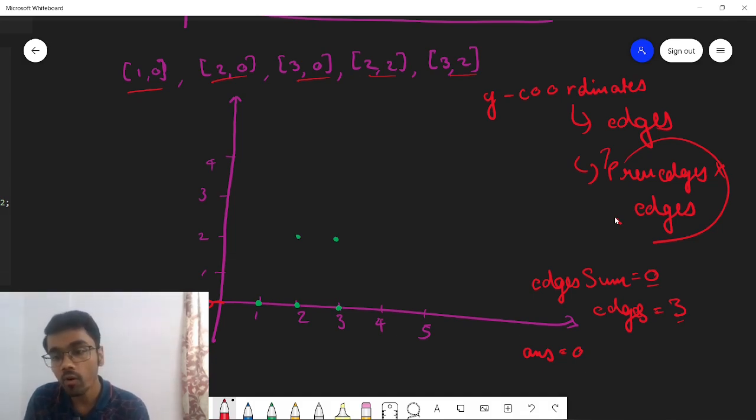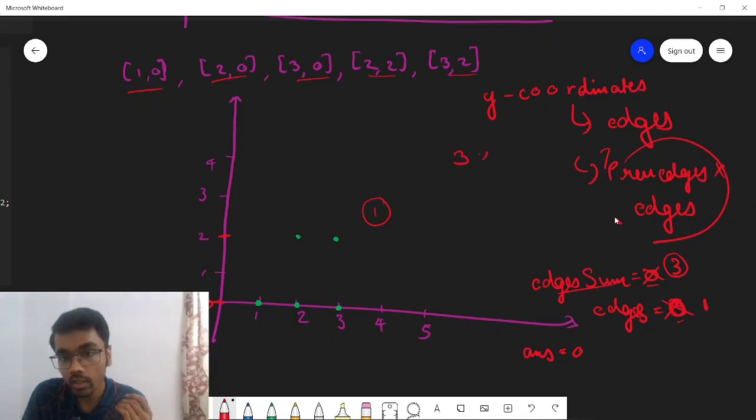Now we'll be moving forward. Before moving forward, we will add the current edges to the edge sum. So current edges will again become 0, and edge sum will now be 3. Edge sum is nothing but how many previous edges we have encountered. Then we come to this different y coordinate, which has 2 points, so only one edge can be formed. But we had 3 edges previously.